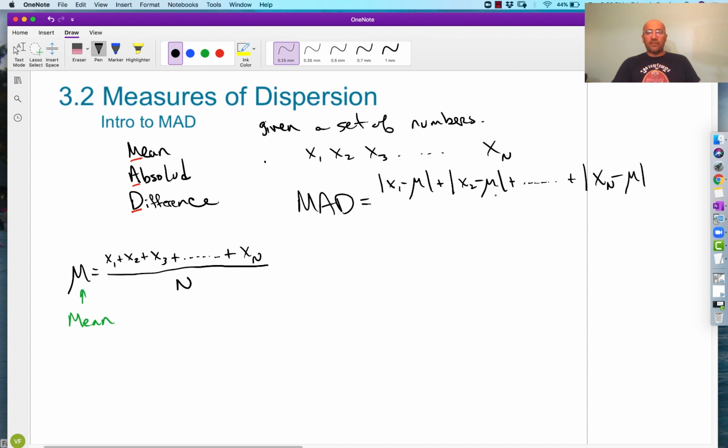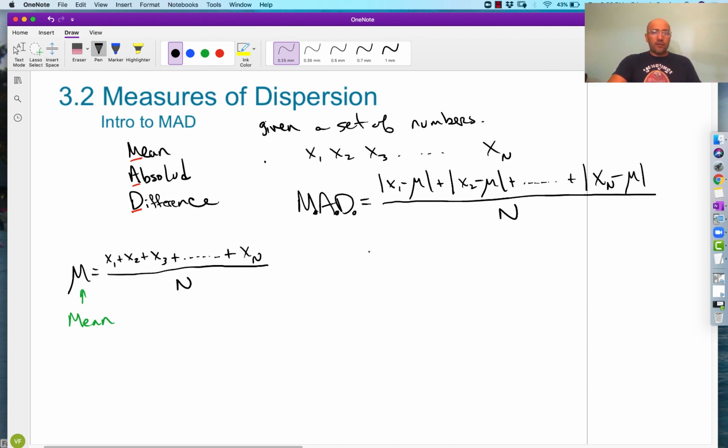Good. So that's the sum of all the distances that each number is away from its own mean, mu. And they're all positive because I did those absolute values. And we divide by the number of values in my list, which is n. Okay? So this is the MAD result. MAD, the mean absolute difference. This is, on average, how far away the numbers are from the mean.